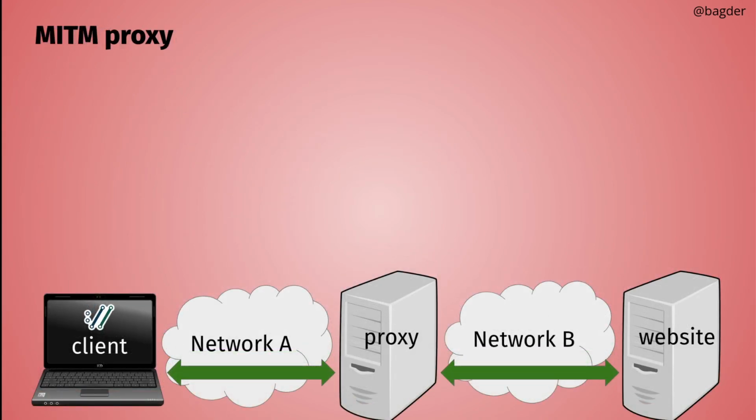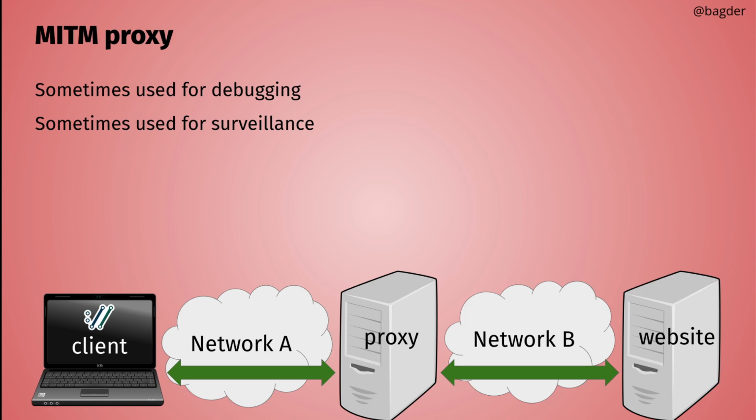Some people also use these man-in-the-middle proxies. Sometimes you use them for debugging, sometimes for surveillance, where they basically try to intercept your traffic without you knowing it. So you don't explicitly tell which proxy to use. They just magically know that there's an outgoing connection, so they intercept it and let it go through a proxy, so that they terminate the traffic and send back something.